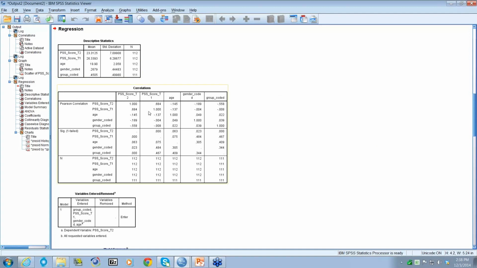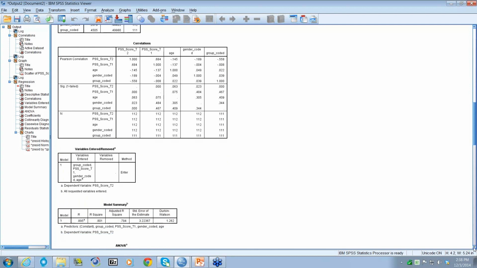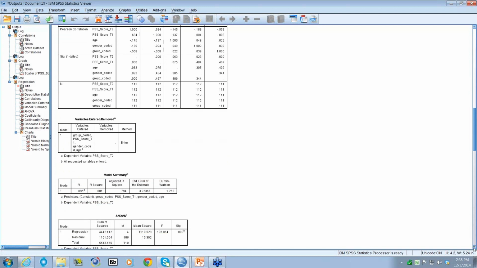Here's our correlation table, and it's basically just like you saw 2 months ago. It's there for all the values. This variables entered/removed table just says these all were entered in one step. There are other types of regressions where you can have more than one step, called hierarchical regressions.